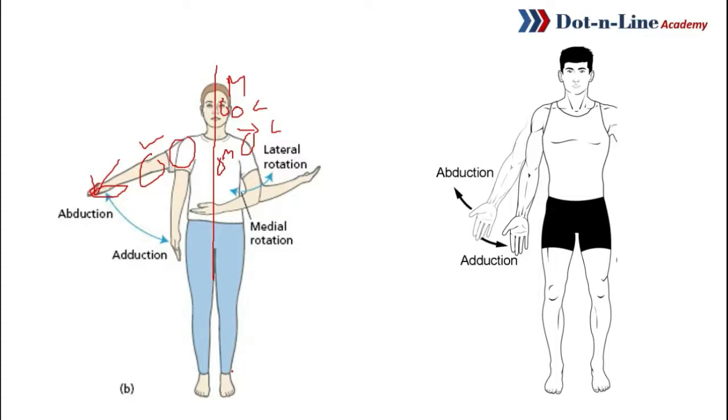In the lower limb, the foot is distal in relation to the knee, and the knee is proximal. But when we relate the knee to the hip, then the knee will be distal and the hip will be proximal. So it's all about the relation.